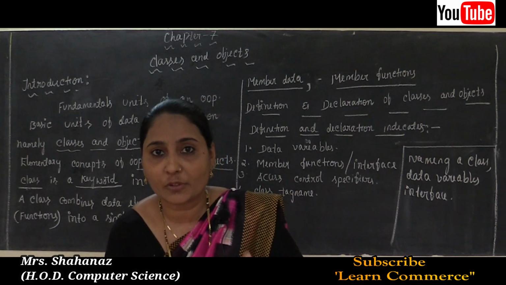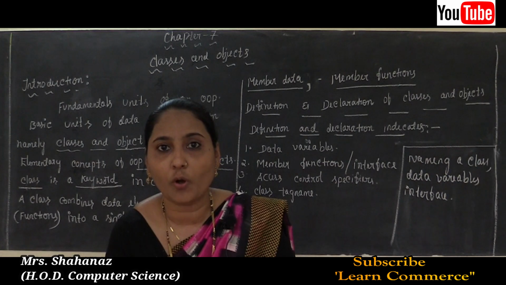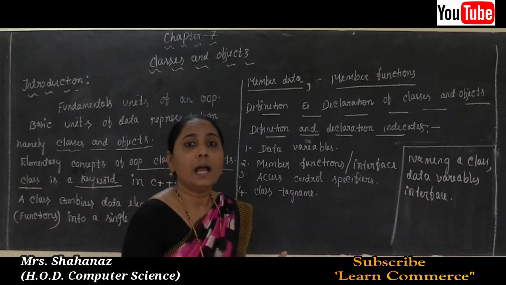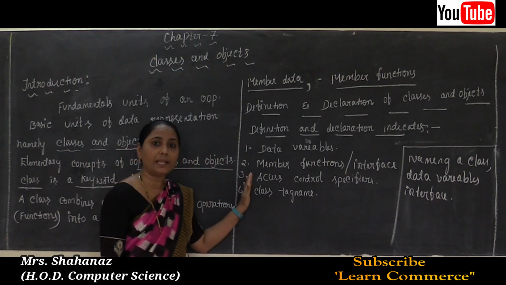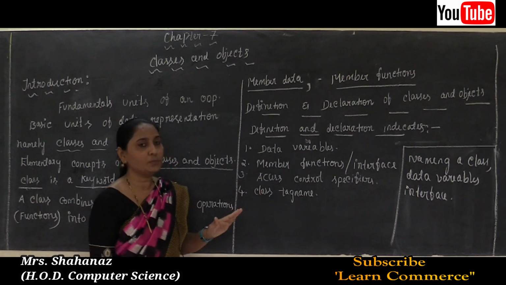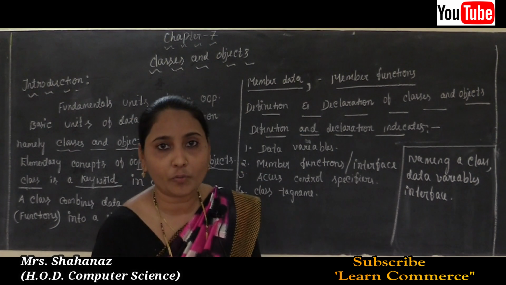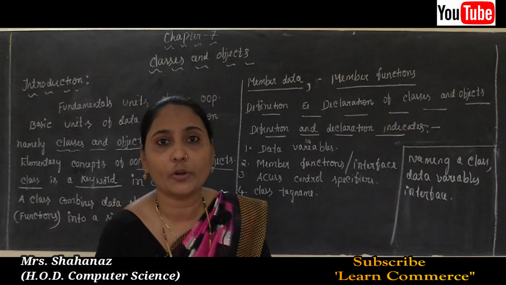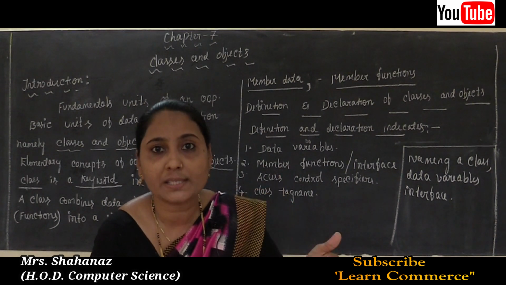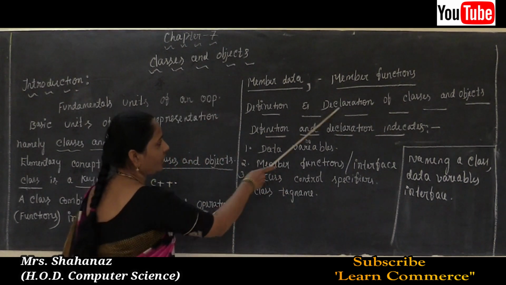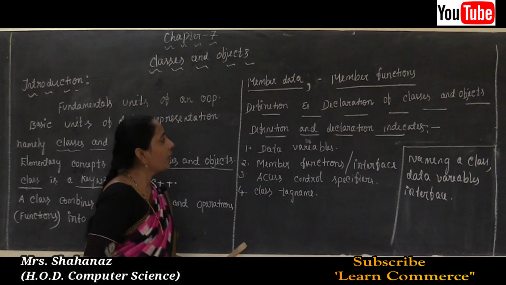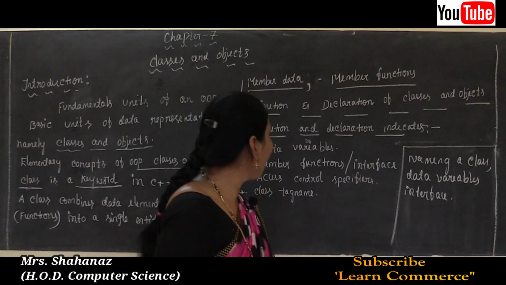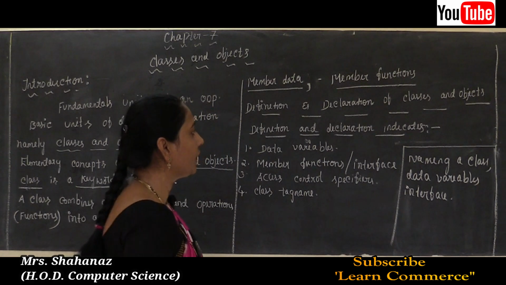That means it specifies the representation of the object of the class and maybe the set of operations that can be applied to the objects. Maybe some set of operations, many member functions we are going to use with the objects. It comes in the declaration of the class.